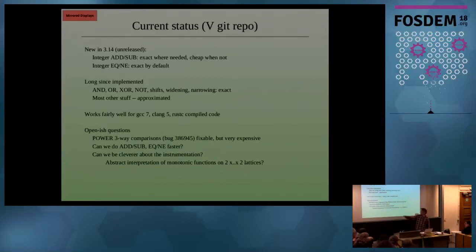We could also be somewhat clever about the instrumentation, because you can see opportunities for optimization where you do all this exact tracking of bits, but then at the end of this chain of computation, all you care about is: are any of them undefined or not? And it might be possible in that case to do the whole sequence more cheaply. So that pertains to this old game called abstract interpretation.